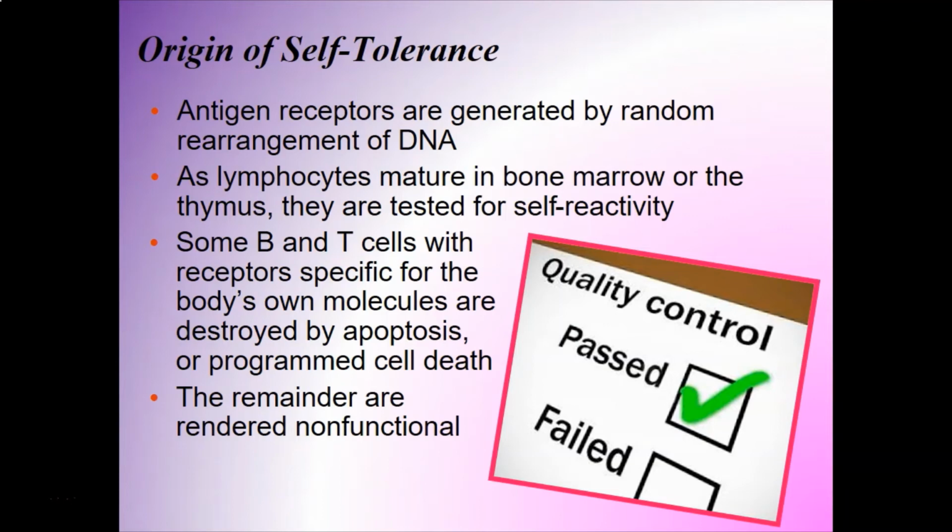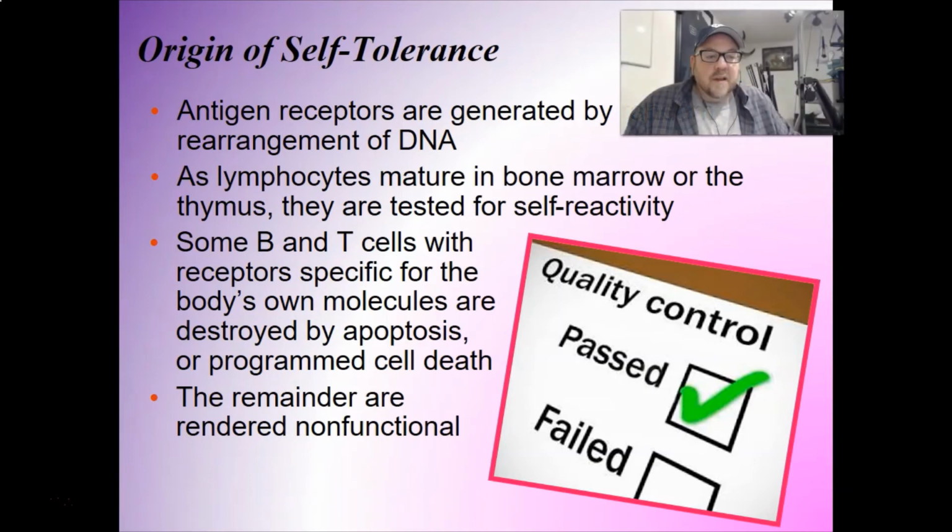And if these cell receptors are found that they will go ahead and attach to your own body cells, thus you could trigger an attack against your own cells, well, they'll go through apoptosis, right? They'll commit programmed cell death, or suicide, so that they can get out there, okay? And what that does is it renders these cells non-functional, and you've just saved yourself from attacking yourself. So you have this wonderful check system before you unleash these white blood cells out into your system. Hey, let's double check. It's like a quality control that's built into your immune system. So cool. So very cool.